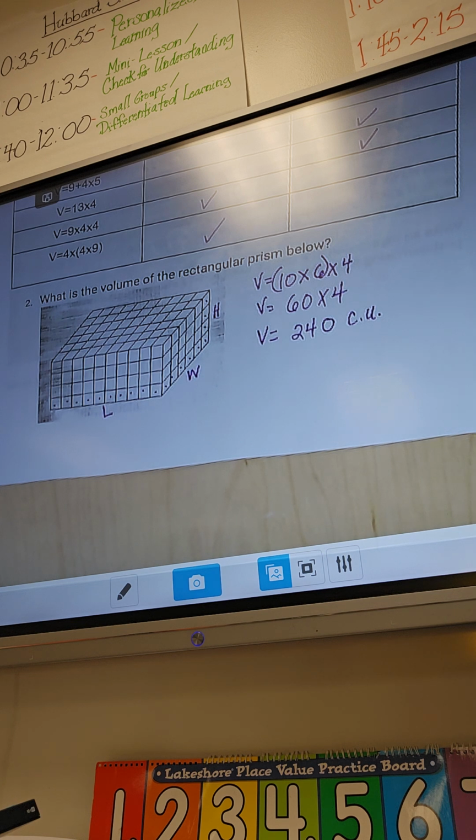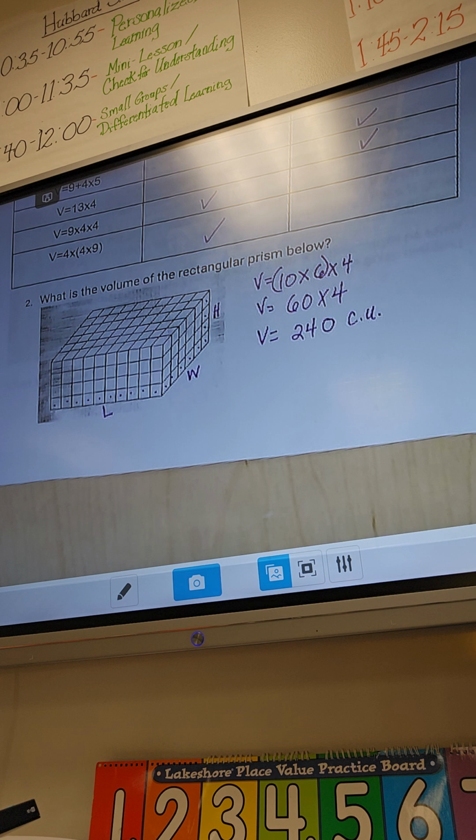Yes, ma'am. So just to clarify, when you multiply a number, for example, the problem is this. You know how 6 times 4 equals 24, right? So when you do a problem like that, you bring down the zero of the 60, and then you add the 24 to the zero.